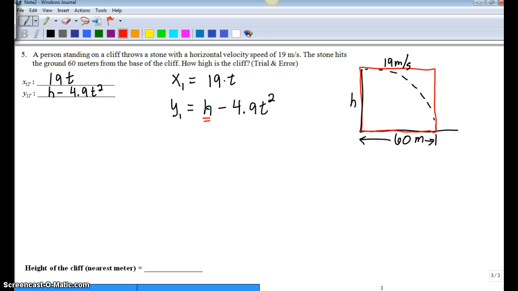You keep changing that 10 to be bigger or smaller until your graph ends up in that bottom right corner. Once you get that graph to be ending right here in the corner, then whatever h value you used answers our question of how high is the cliff, because that's what h is.